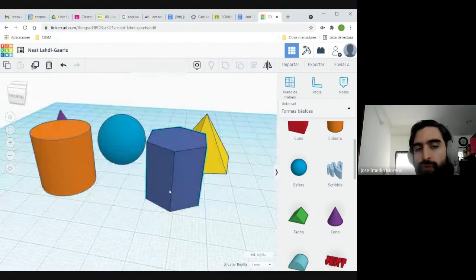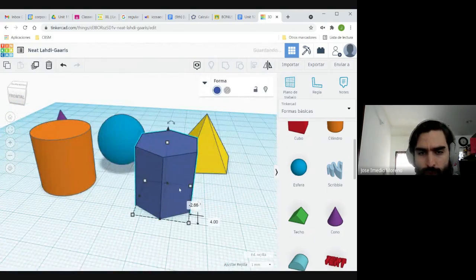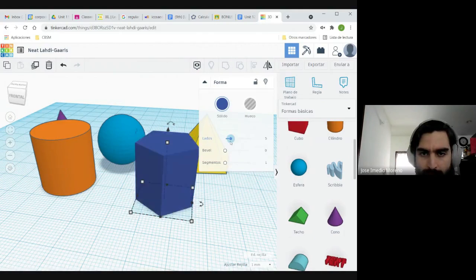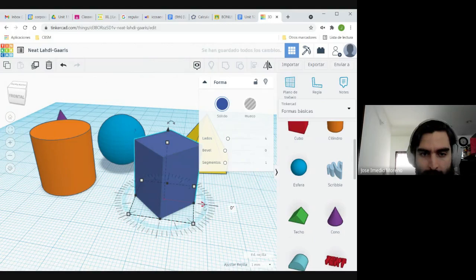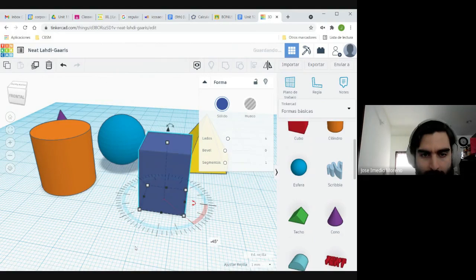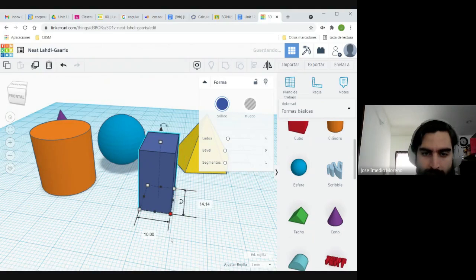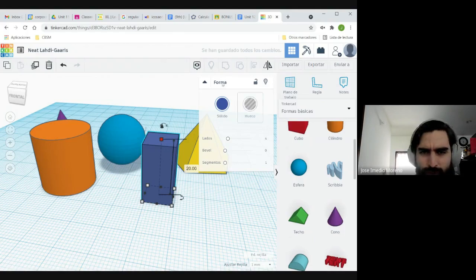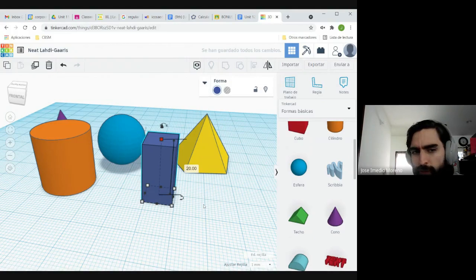But just to review the concept, let's take this prism. Let's make it a square prism. If I make this 10, 10, and 20, finding the volume is really easy.